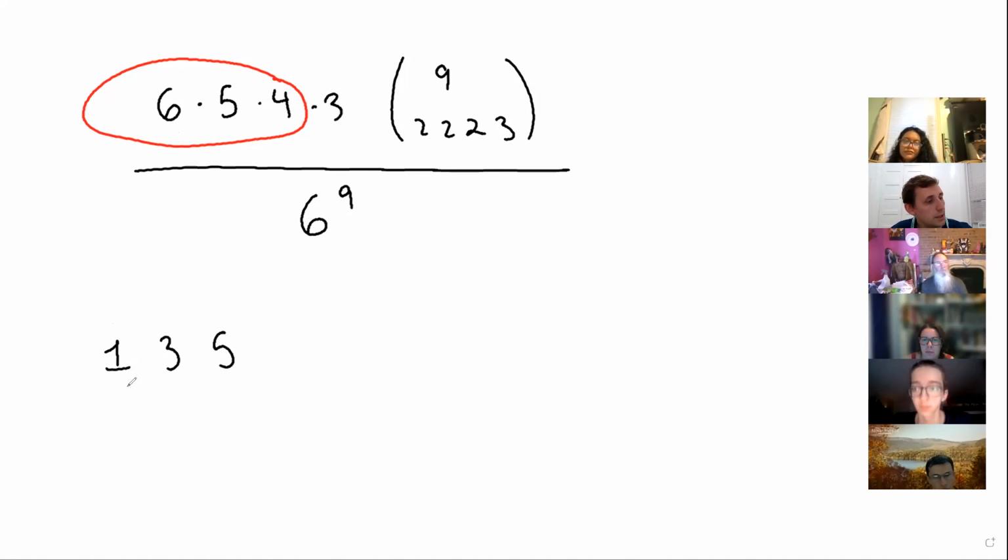That is a separate event from selecting 3, 1, and 5, for instance. It's a separate event. You understand?